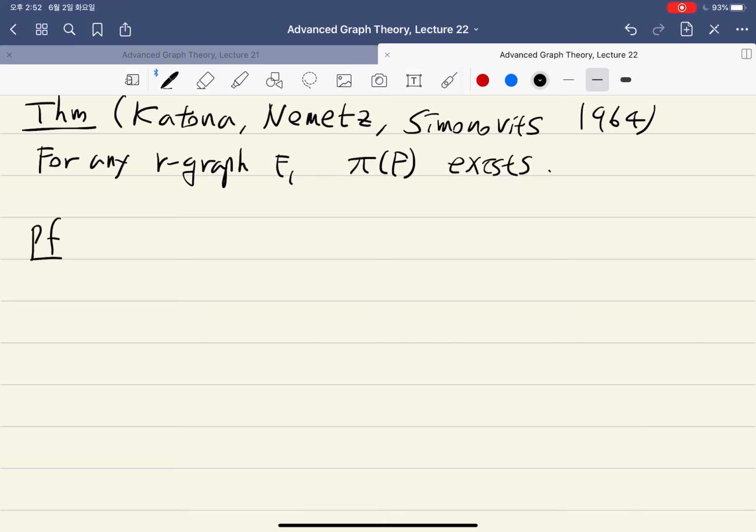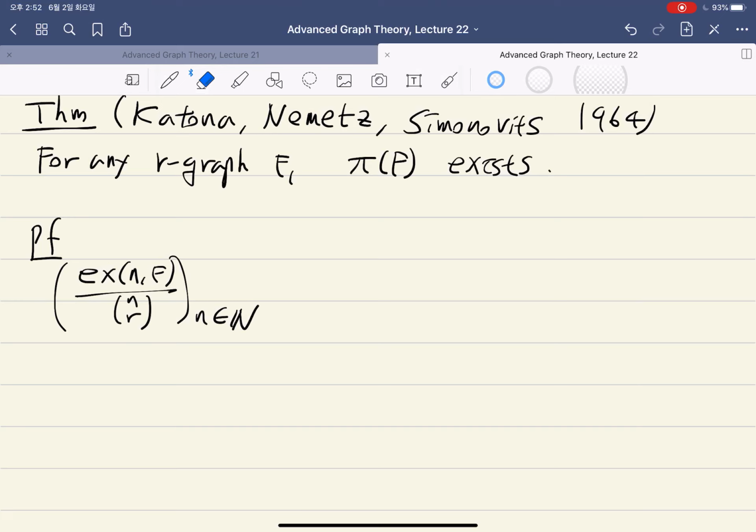And for that, what we have to show is that if you consider this sequence, we just need to show that this sequence is monotone. For example, if it's a decreasing sequence, then it is bounded, between 0 and 1. So as long as this is decreasing, then it must converge.